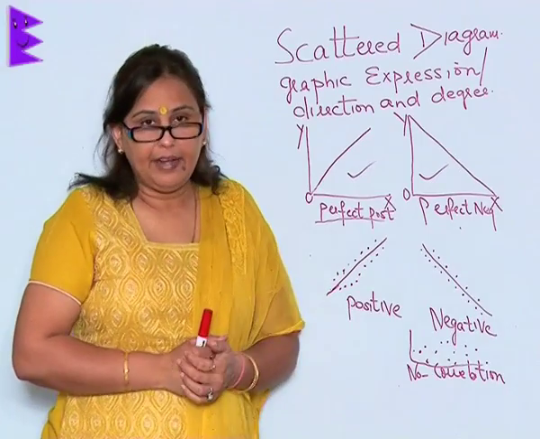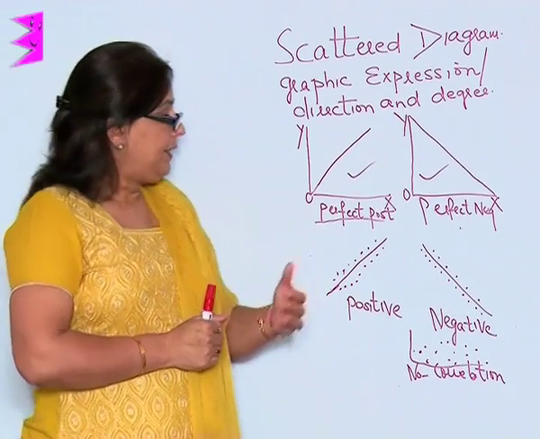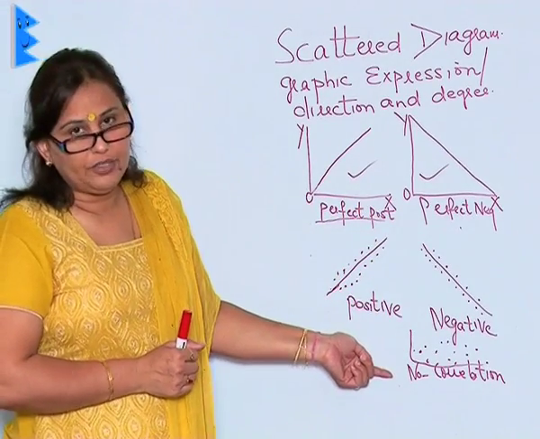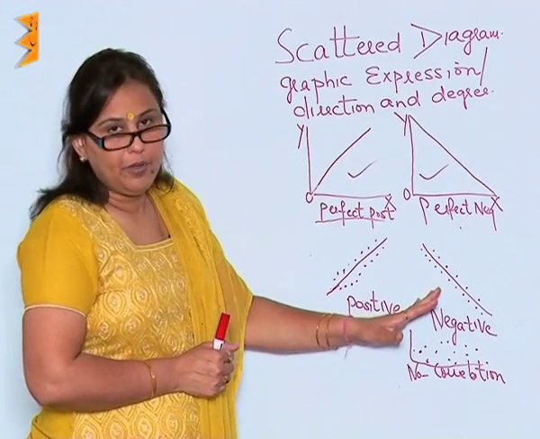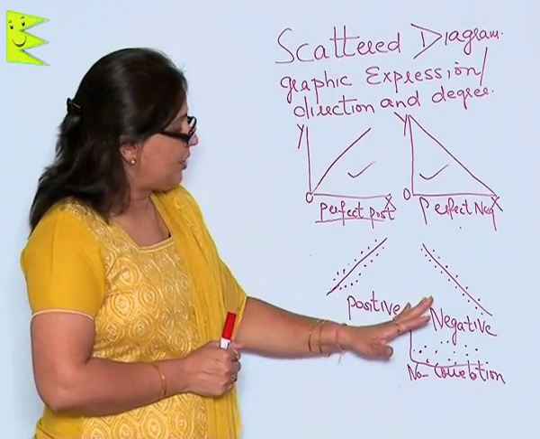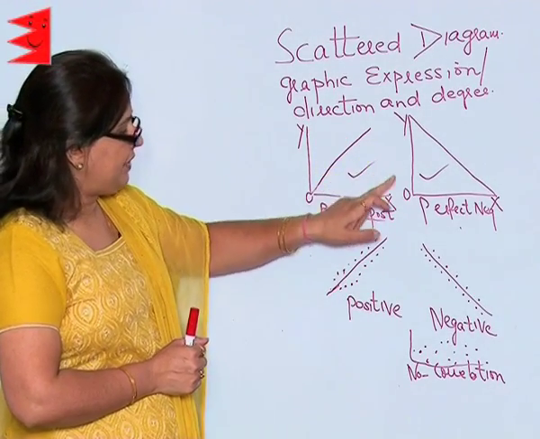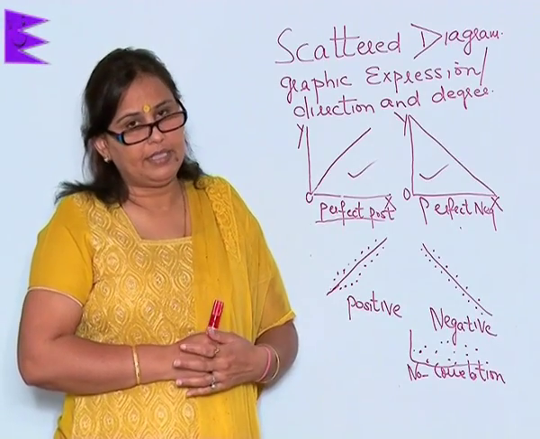This scattered diagram method has both positives and negatives. It is in fact the simplest method to study correlation, because by just looking at the diagram or at the graphic expression, we can immediately know whether it is a positive, negative or no correlation, what kind of relationship exists.